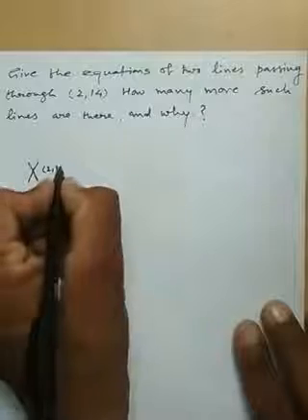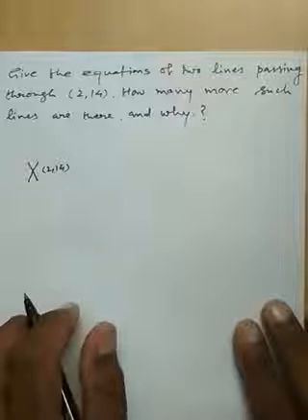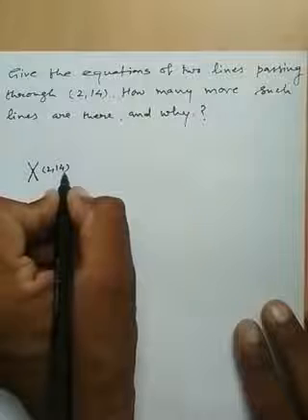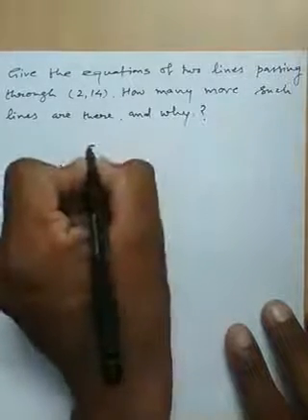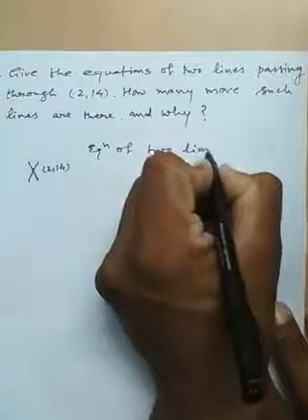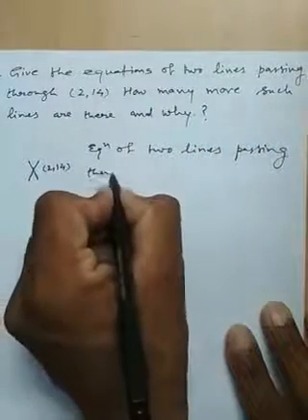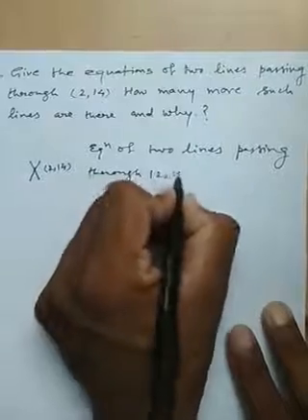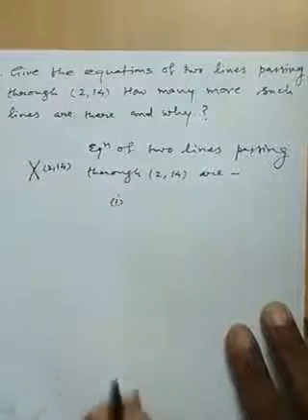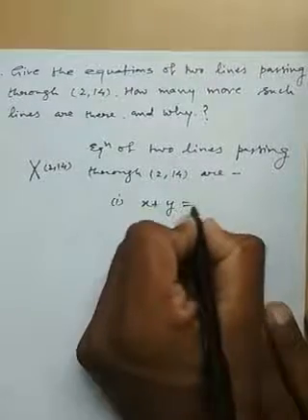This point is (2, 14), a given point. In this point, 2 is the x coordinate and 14 is the y coordinate. So the equations of two lines passing through (2, 14) are: first equation, we can add them. 2 plus 14 is 16, so x plus y equal to 16.